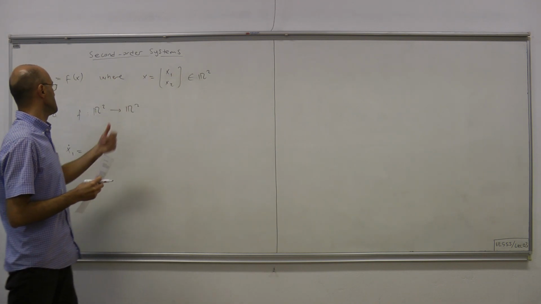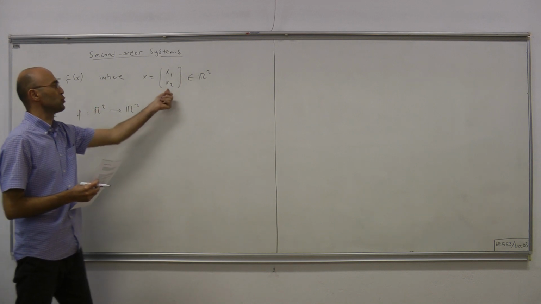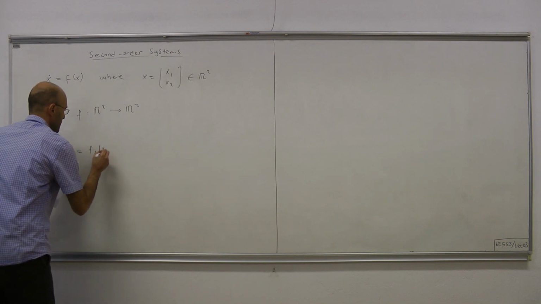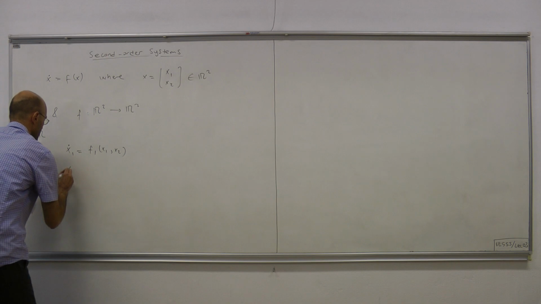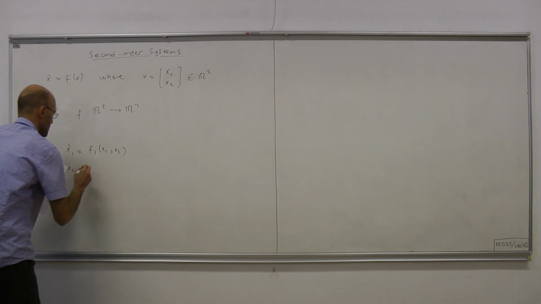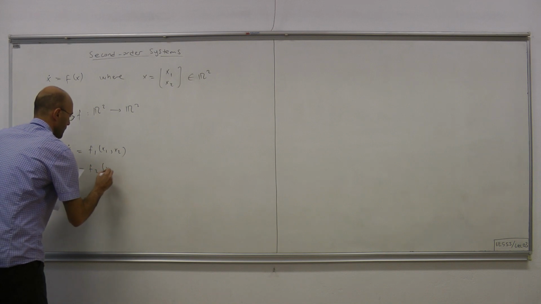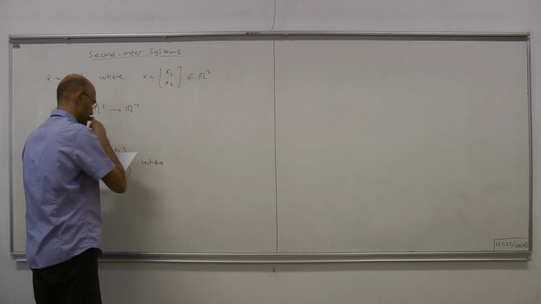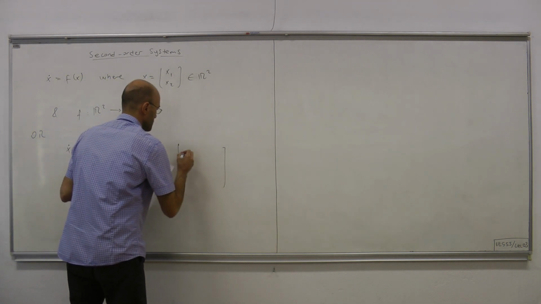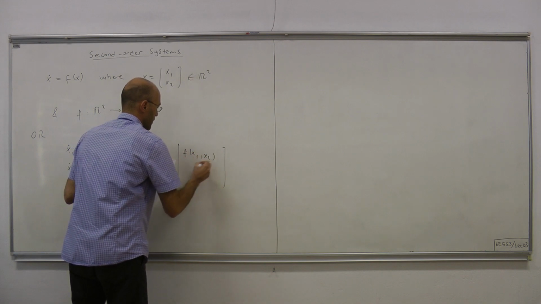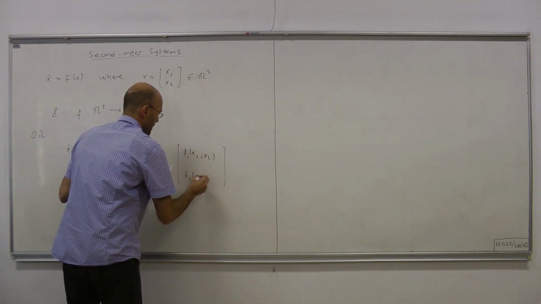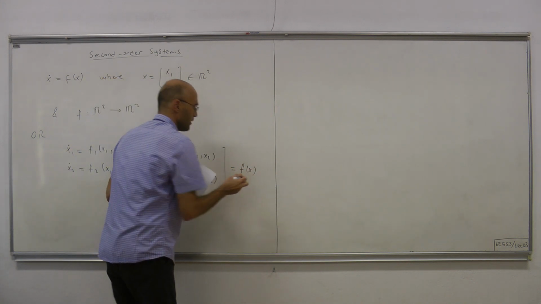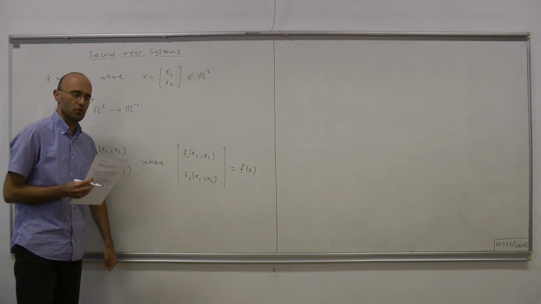So x1 dot is f1 of x1, x2, and x2 dot is f2 of x1, x2, where this vector f1, f2 of x1, x2 is no other than our mapping from R2 to R2.